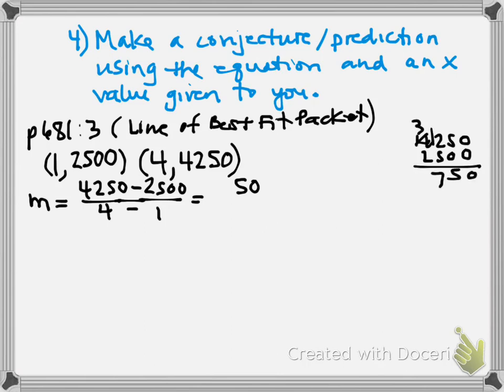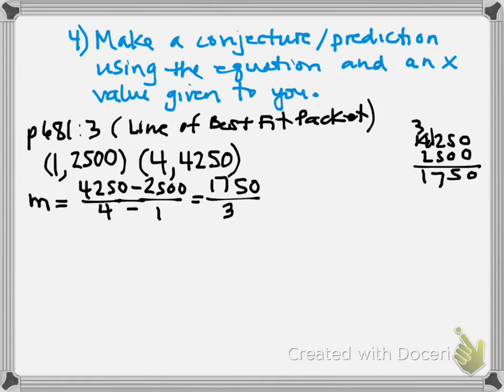Rename. We get 1,750 over 3. Okay. And that ends up not going in evenly because the digits on top add up to 13. So I'm going to leave that as my slope. That's as far as I can go on that.